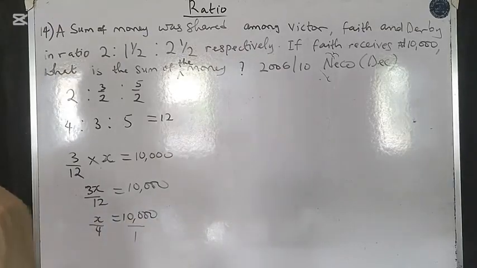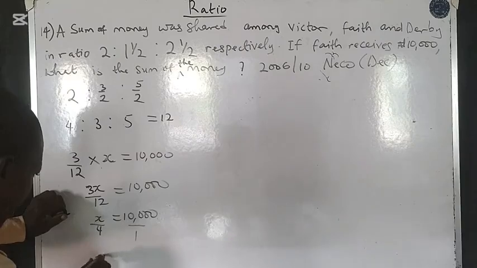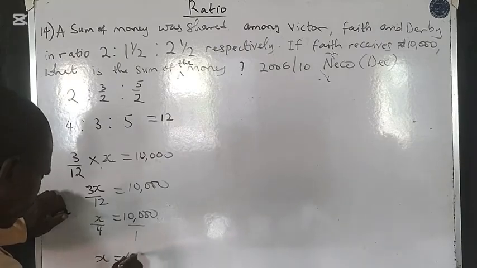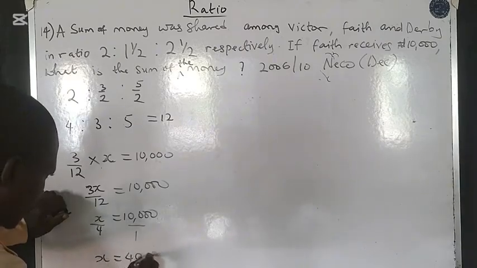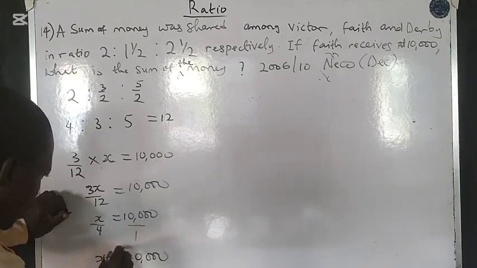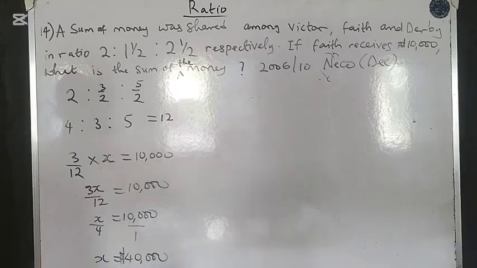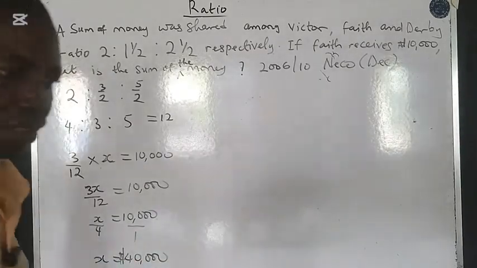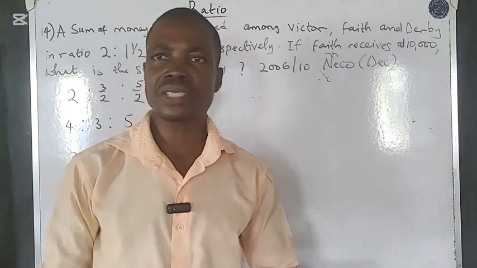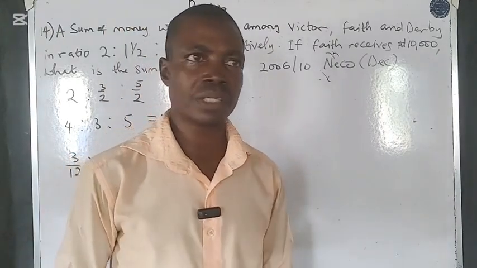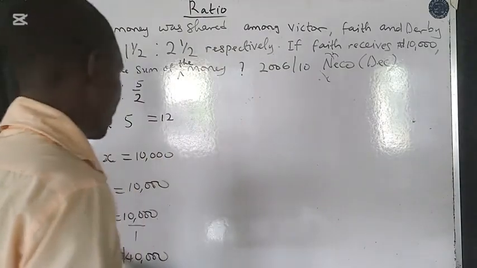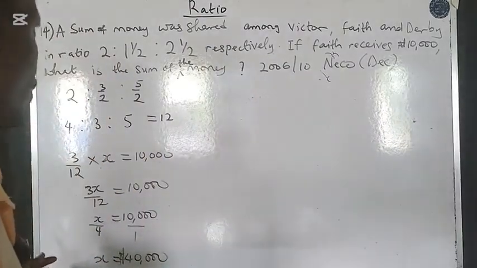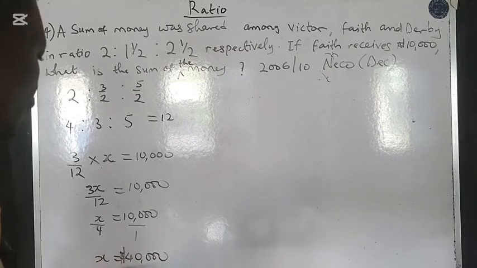If we cross multiply, we're going to have x equals to 40,000. That is the amount all of them shared. Therefore, the amount shared by these 3 people is equal to 40,000. It's always good to write your statement down. Therefore, the amount all of them received equals 40,000 naira. Very important.